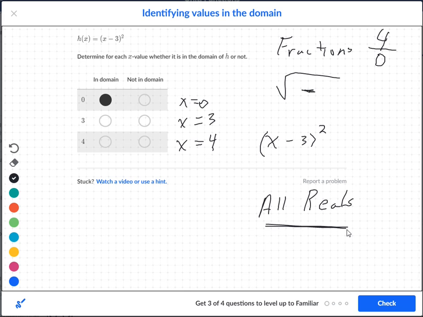There is no restriction. They're not stopping you from using any number. So in this case, the numbers they give you, 0, 3, and 4, can all work for this problem because it's not a fraction and it's not a square root. Those are the ones that have stipulations on certain numbers that you cannot use.